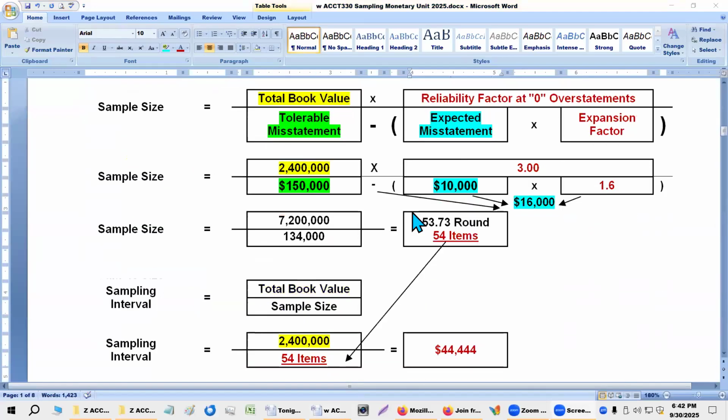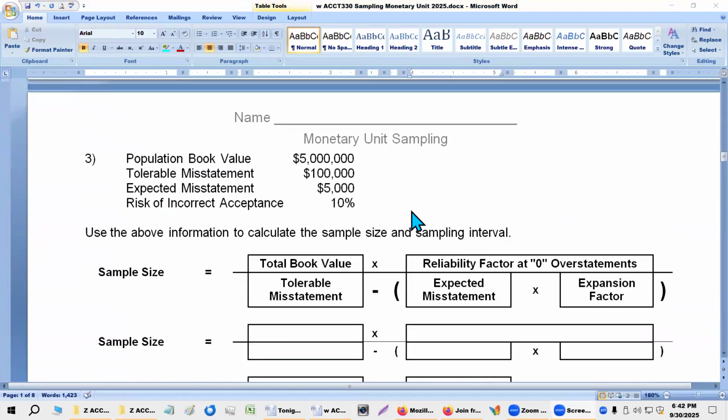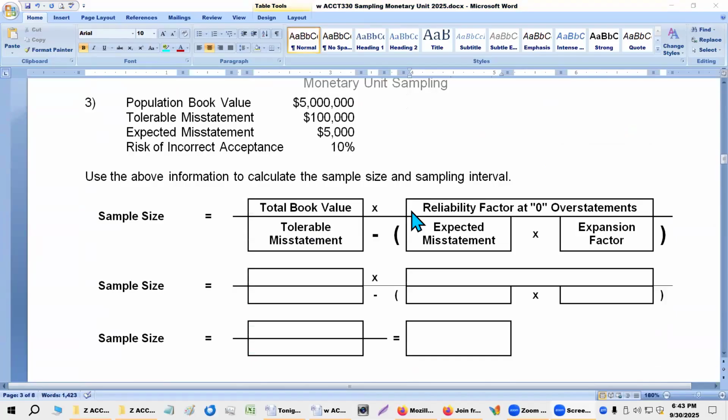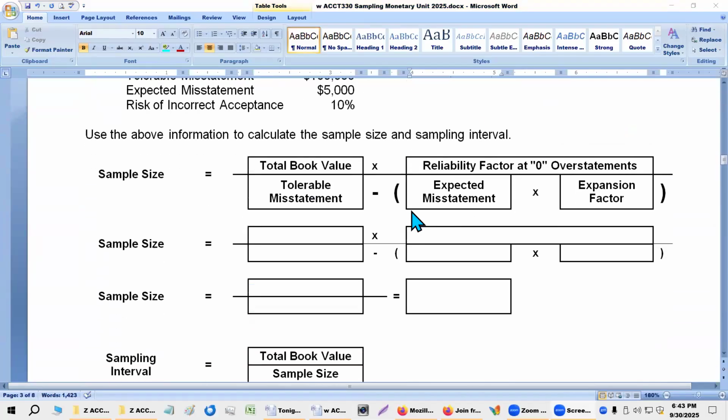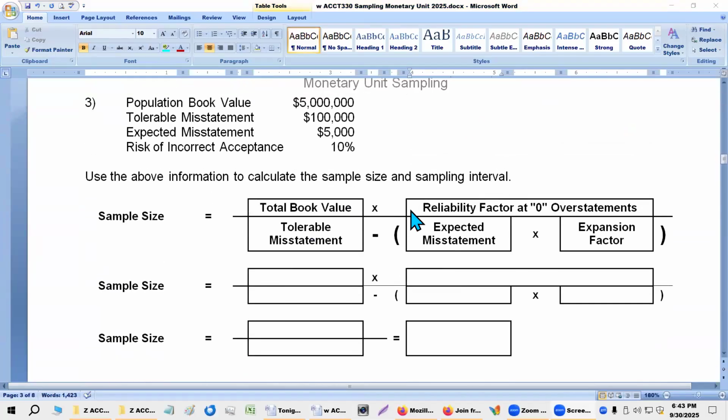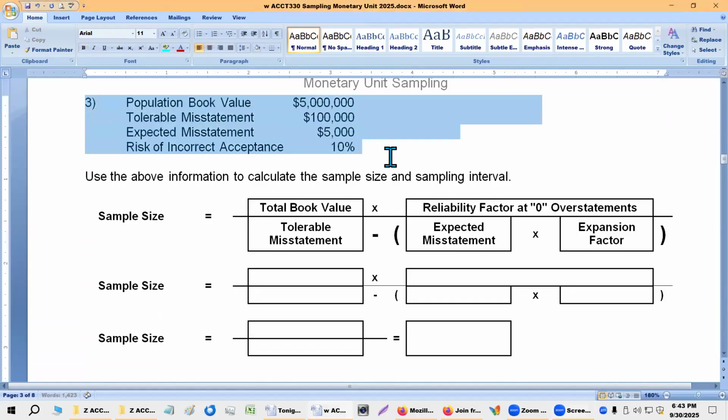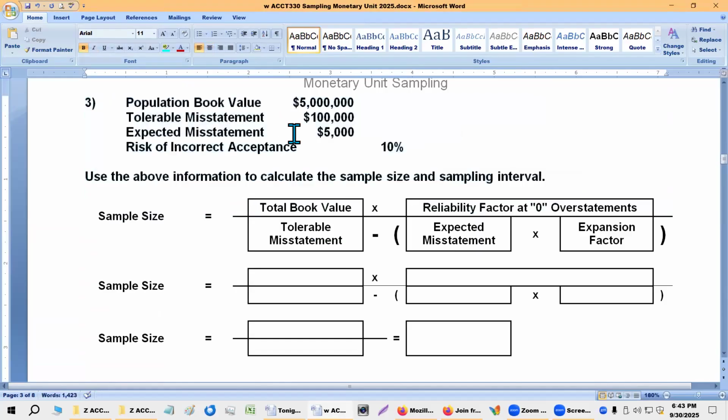Okay, let's go ahead and do number 3. Now be careful on this one, because the risk of incorrect acceptance on this one is 10.